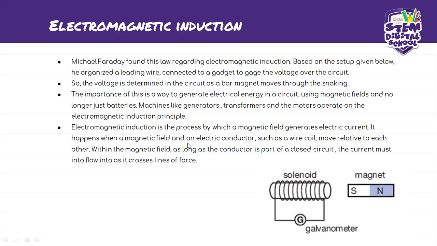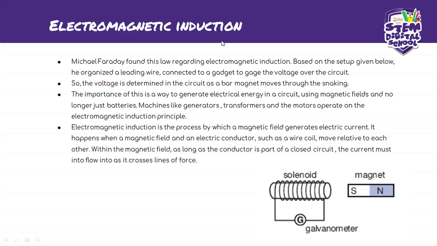It happens when a magnetic field and an electric conductor, such as a wire coil, move relative to each other within the magnetic field, as long as the conductor is part of a closed circuit. So if this magnet is put in here, the current must flow into it as it crosses lines of force.